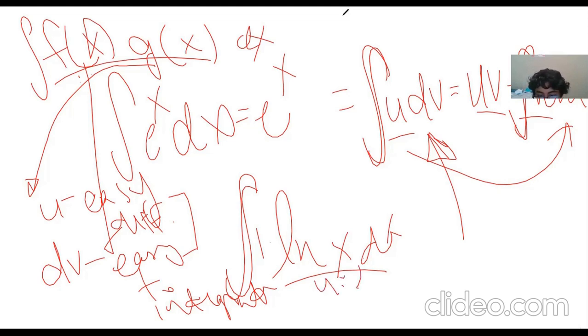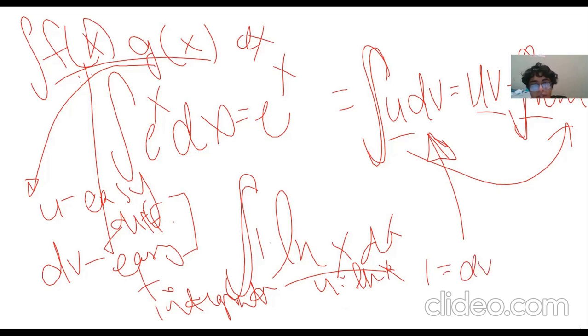So maybe u is natural log of x. And the 1 is obviously easy to integrate, so 1 is equal to dv. I usually write it here: 1 is equal to dv.